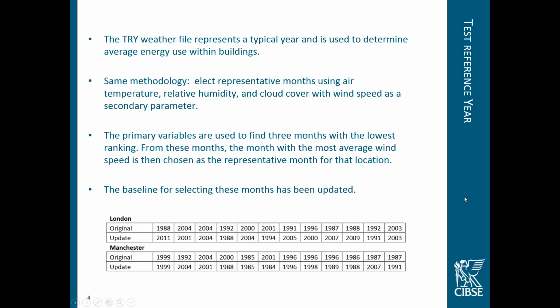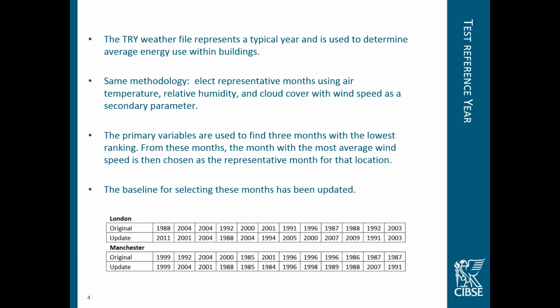So a bit about the test reference year weather files and their update. I know there's going to be a mixture of backgrounds within the webinar. The test reference years represent typical years that are used to determine average energy use within buildings. The same methodology was used to select these years.